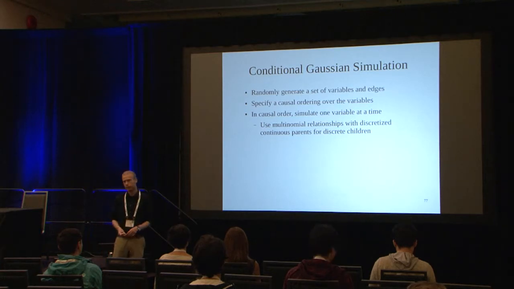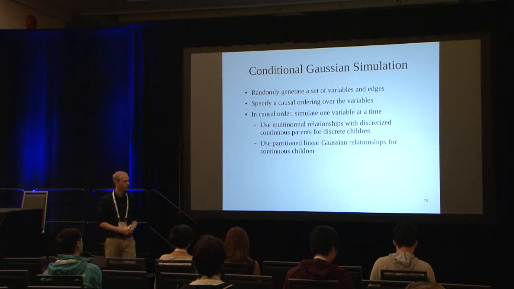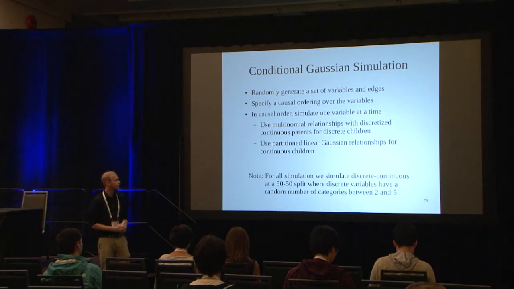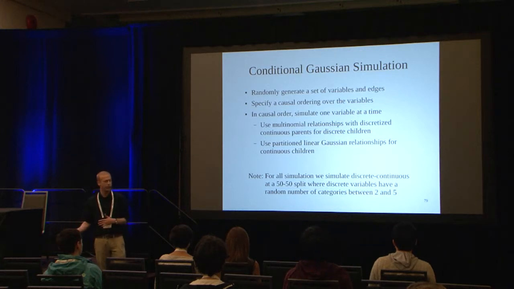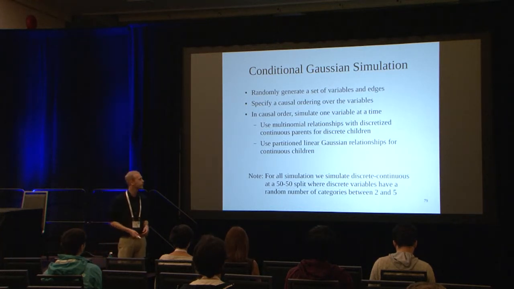For discrete children, we used multinomial relationships. We randomly parameterized multinomials. And for continuous children, we used partitioned linear Gaussian relationships. And for all simulations, we had 50% discrete variables and 50% continuous variables. And the discrete variables had anywhere between 2 and 5 categories. Those were also randomly chosen uniformly.